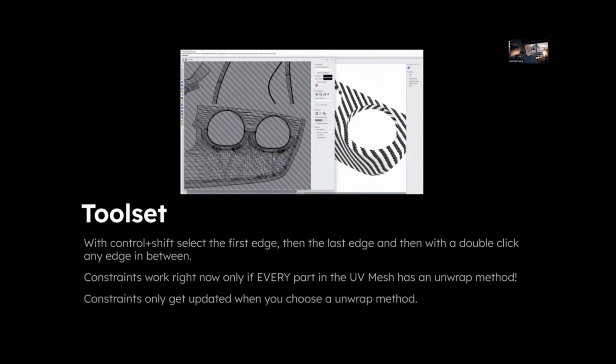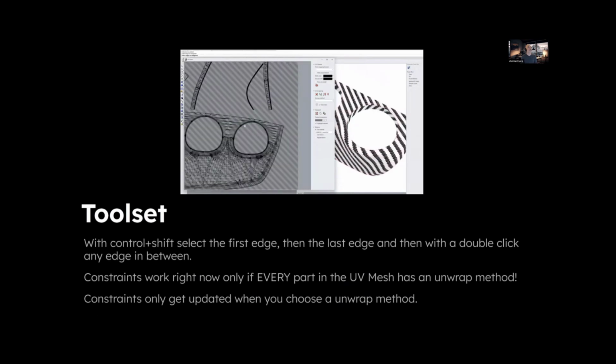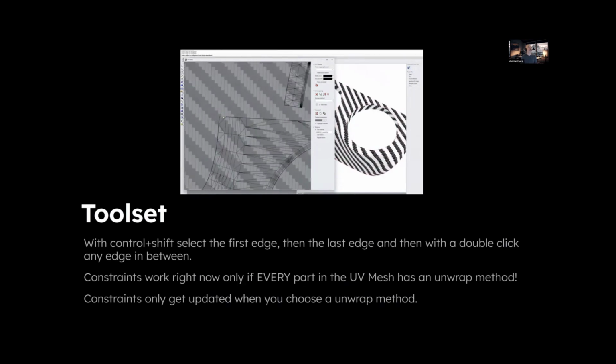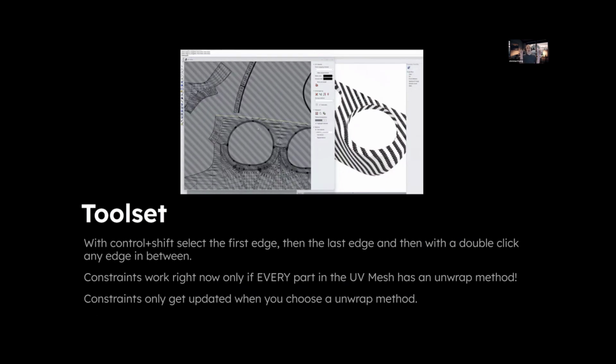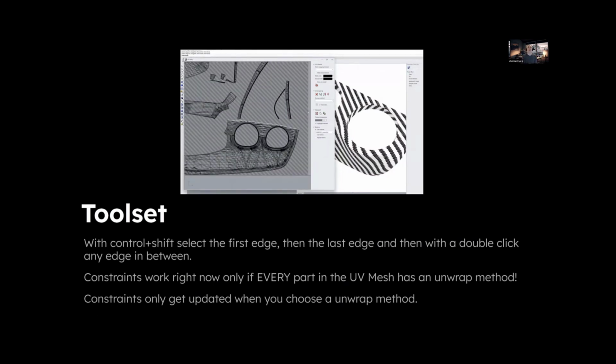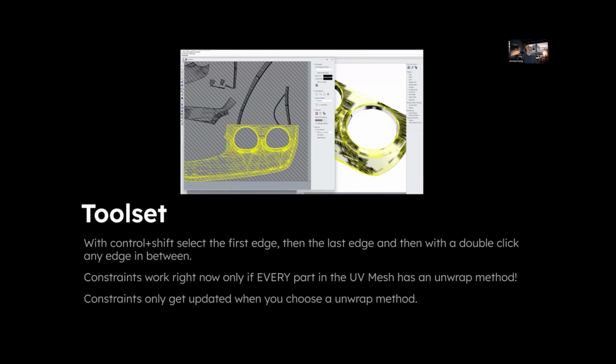So one of the key things I found out is for quick separation of the parts, or quick finding of the edge loop, you can use Control-Shift to mark the first and then the last edge you want to separate, and then double click in the middle of this loop, so you have the line that you want to straighten out, for example, separating the 3 clicks.